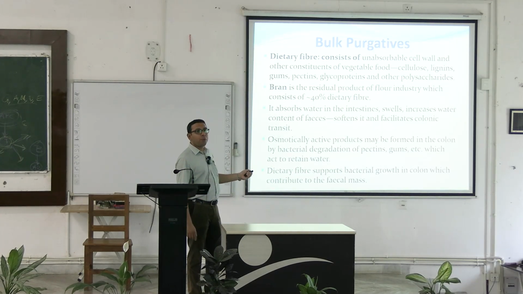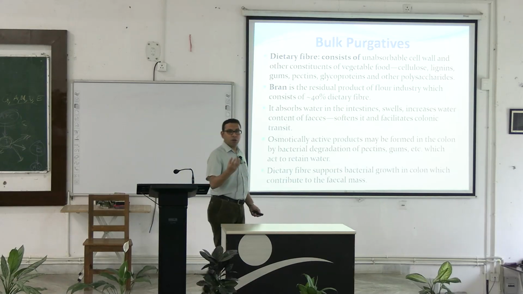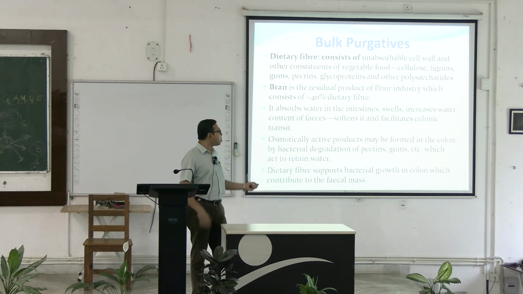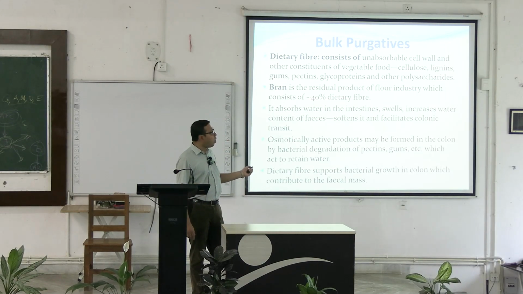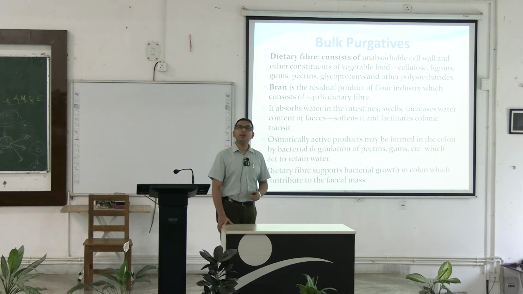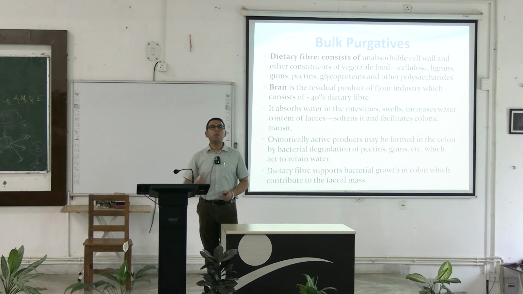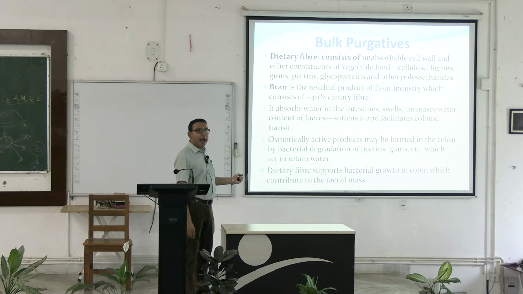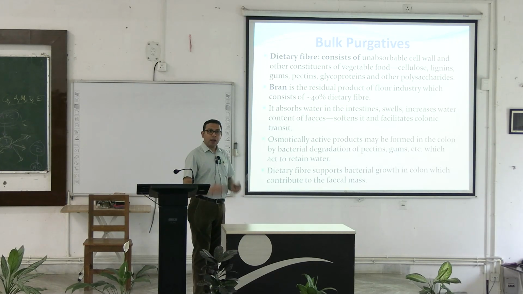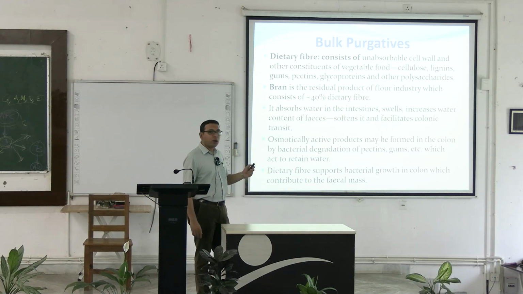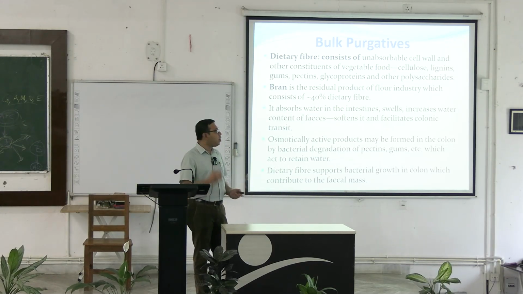Bran is the residual product of the flour industry that consists of approximately 40% dietary fiber. This bran can be used as a treatment for constipation. It absorbs water in the intestine, swells, increases in volume, increases the water content of the feces, softens the feces and ultimately facilitates the colonic transit.